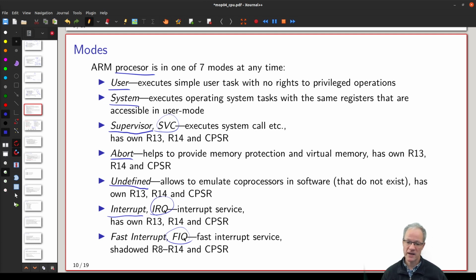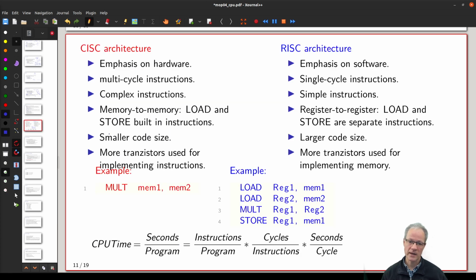Then we may use the fast interrupt service mode. So these are all the kinds of modes that the processor can be in. We're going to concern ourselves mostly with the user mode, because we're going to do simple tasks in this course, and we're not going to go into the privileged or advanced world.